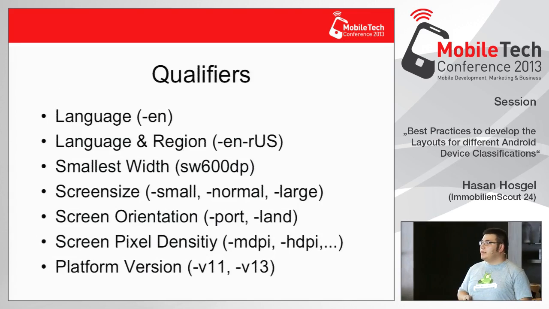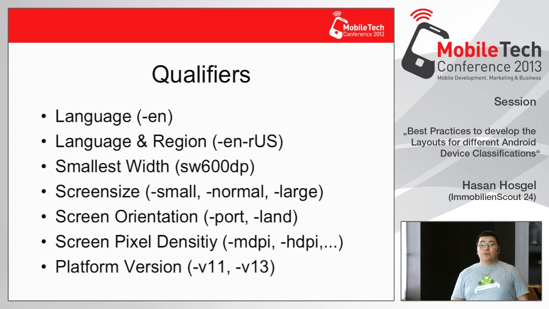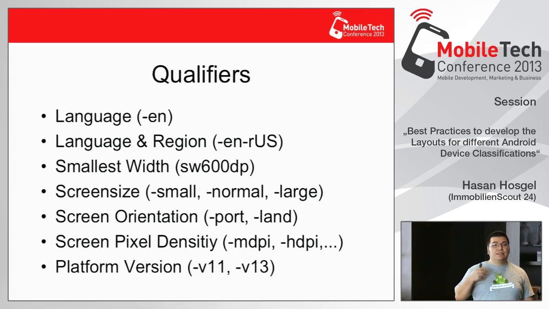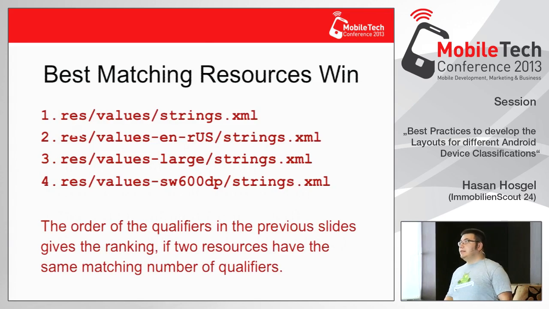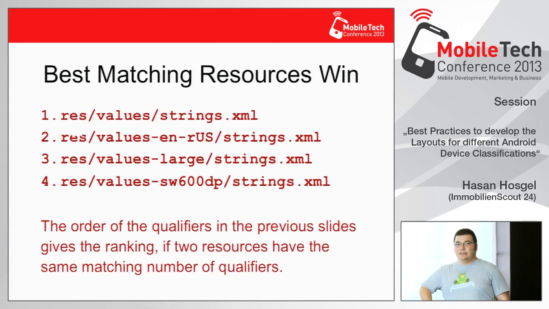Also the screen orientation, the pixel density is most used for images, and the platform version also for images or something similar. And the whole system behind the resources is that the best matching resource wins.